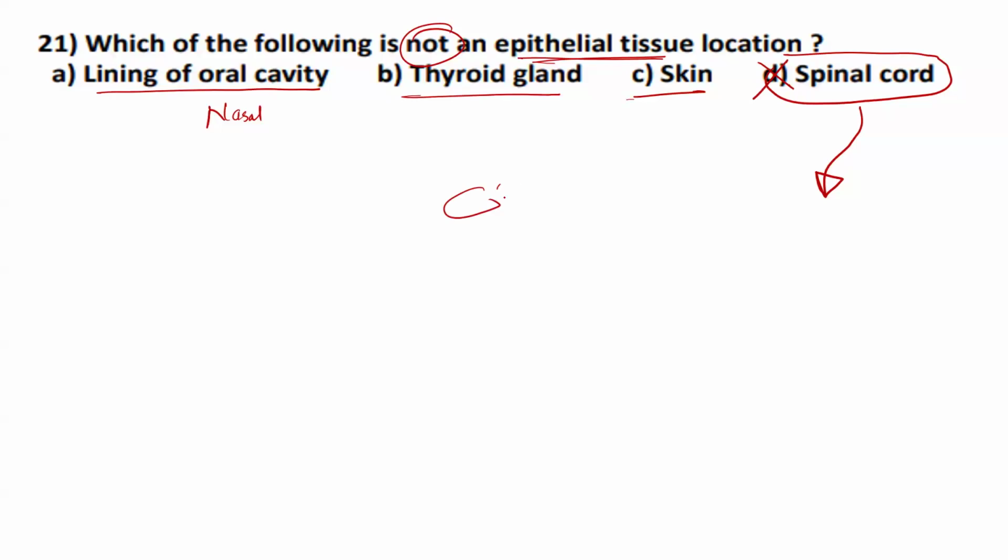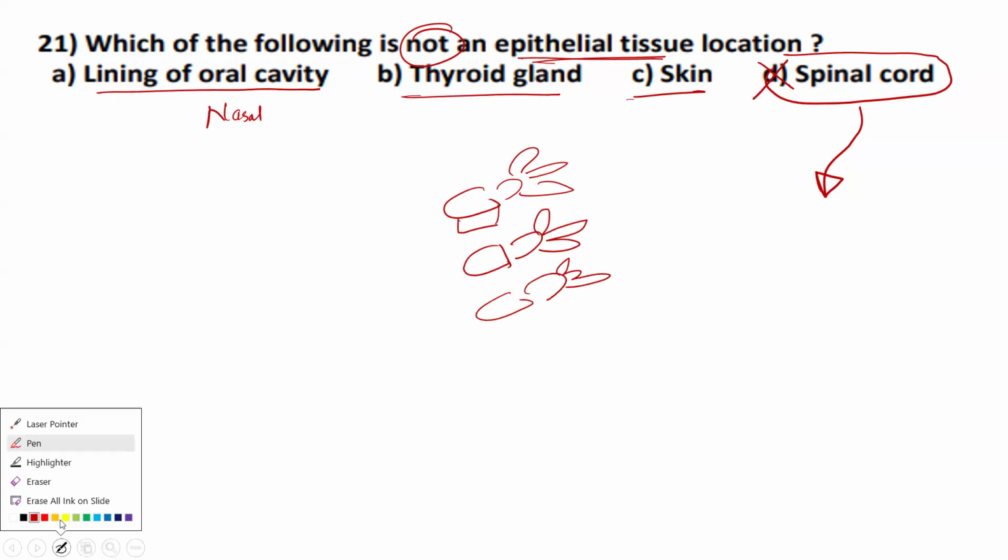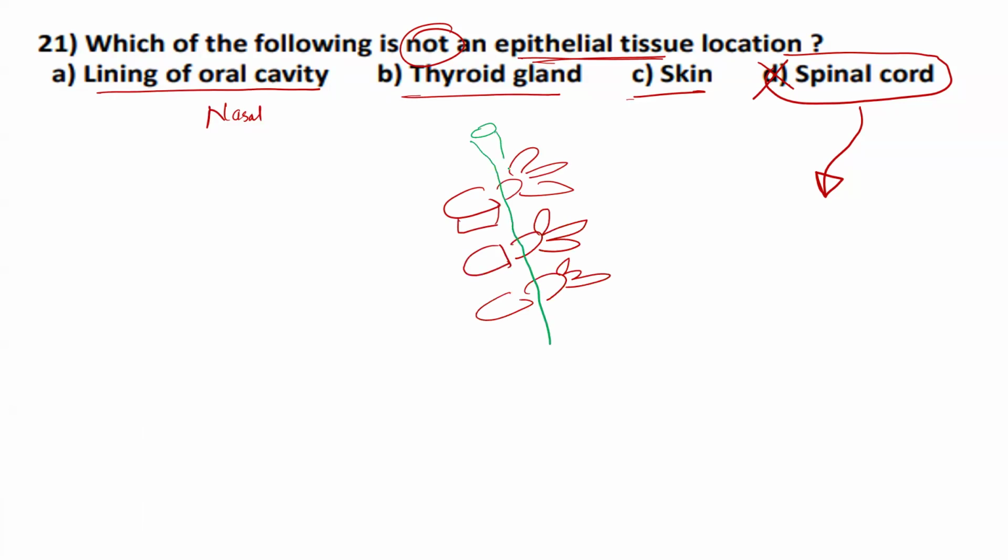Backbone, okay, it's like this. Each bone is like this. Like this, 33 bones are there, different shapes. These are the backbones, that is skeleton. But the spinal cord is a part of your brain which goes through these canals. To protect your spinal cord only, we have the backbone.